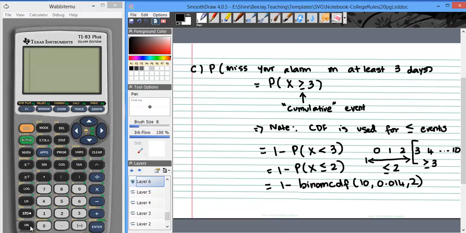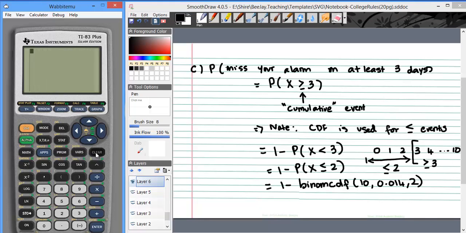So let's look at the calculator, press 1, let's clear the screen. We have 1 minus, second pass, scroll down to Binomial CDF, 10, 0.014, 2, close paren, enter.